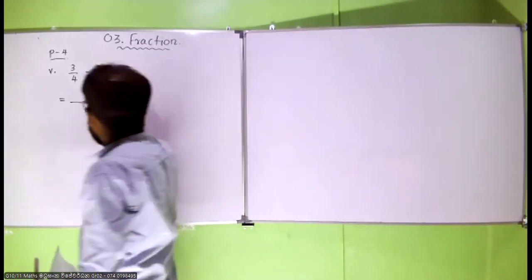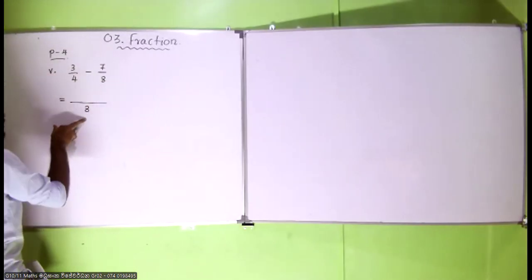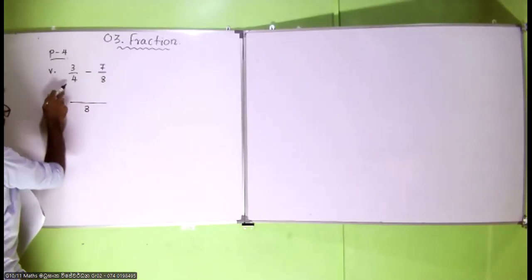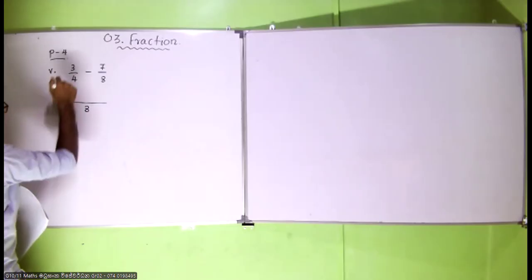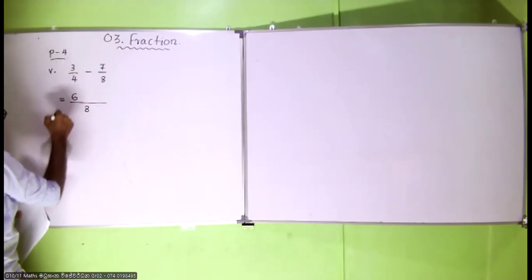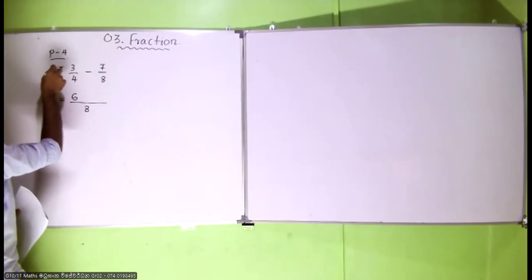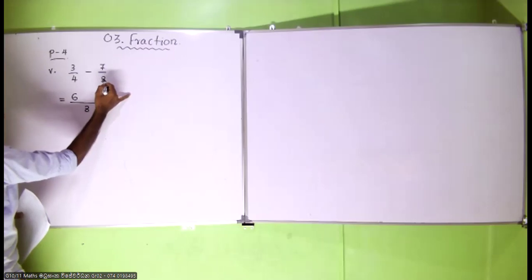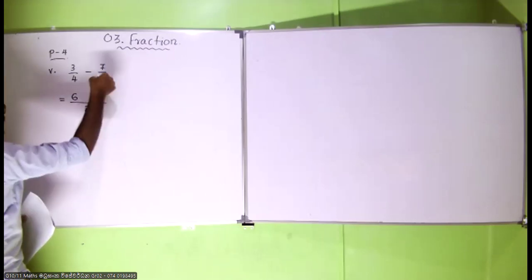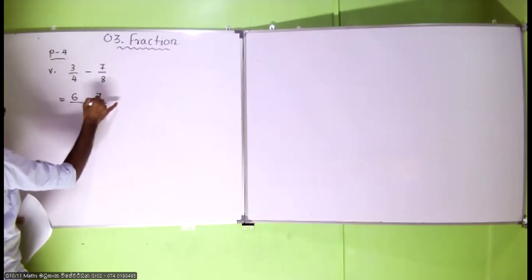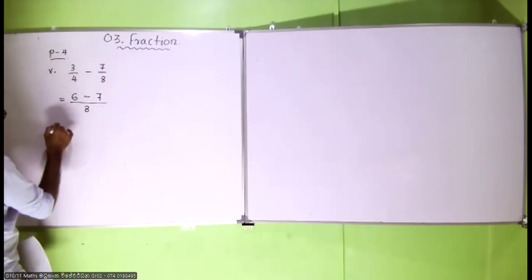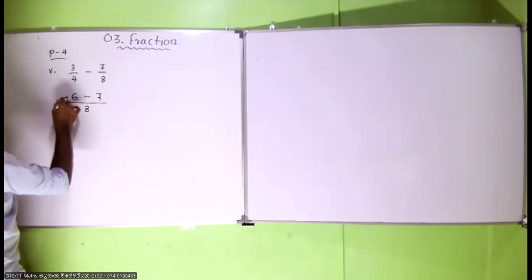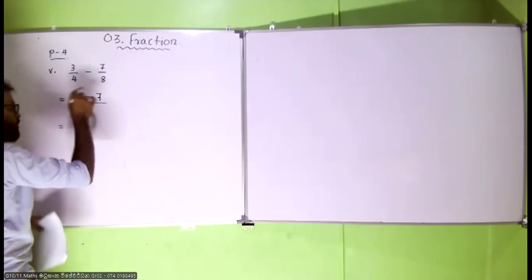So if you find the LCM, it would be 8. How many 4s are there for 8? 2. 2 times 3, 6. How many 8s are there for 8? 1. 1 times 7, 7. So here you have a negative sign. Now 6 minus 7.